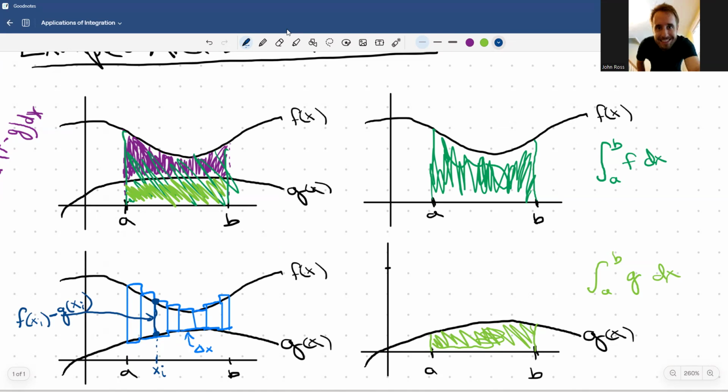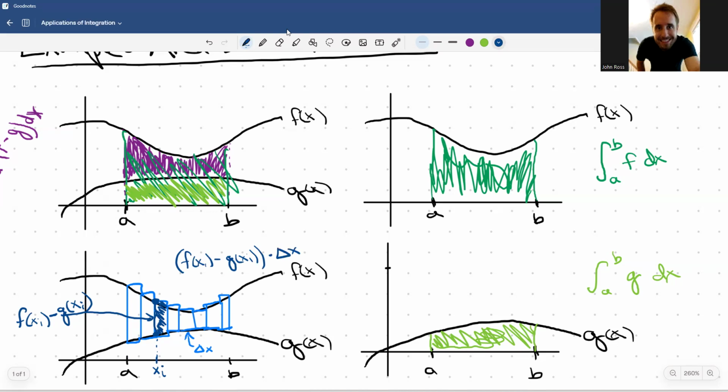But we get an expression in which the rectangle that we're looking at, and I'll focus on one of these for now, has an area of the form f of xi minus g of xi, that's the height, times delta x, that's the width.